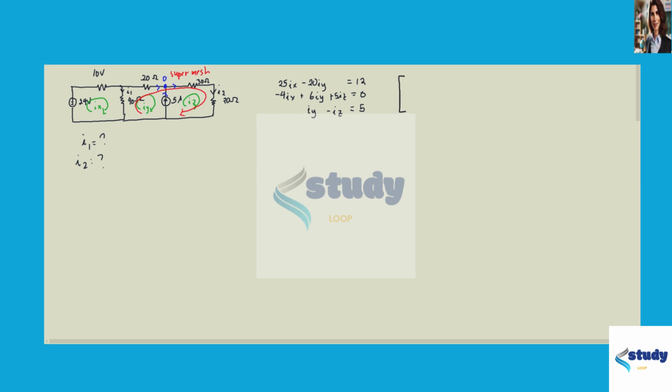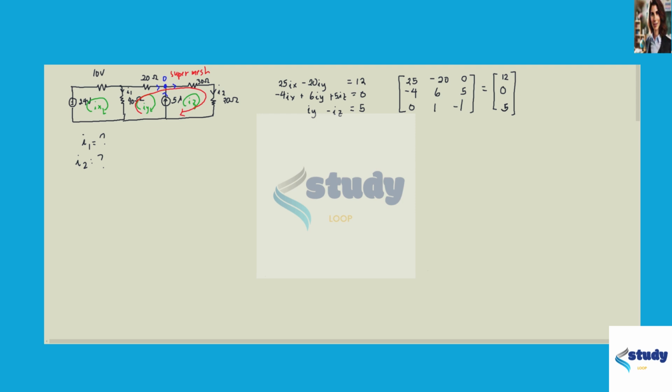The initial matrix gives us, for the first equation, 25, negative 20, 0, equal to 12. For the second equation, we get negative 4, 6, 5, 0. Lastly, for the third equation, we get 0, 1, negative 1, and then 5.